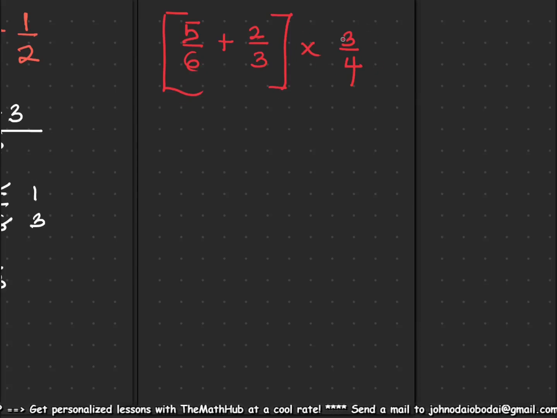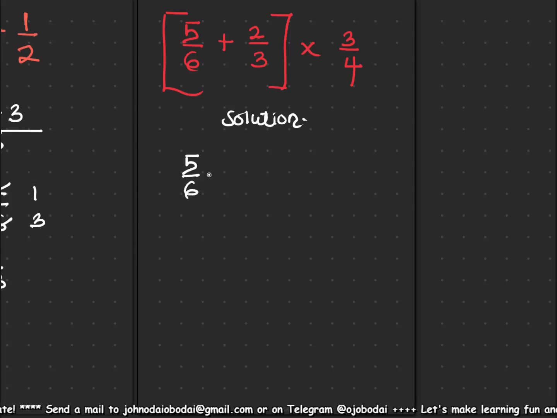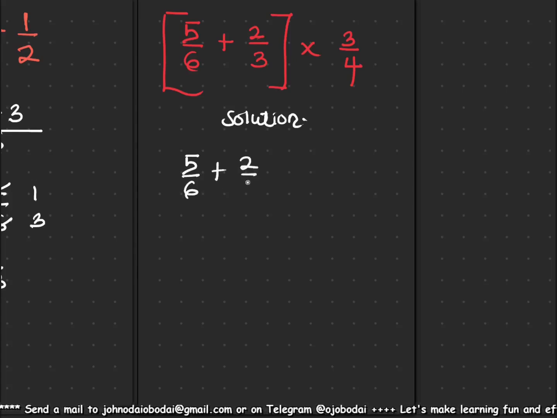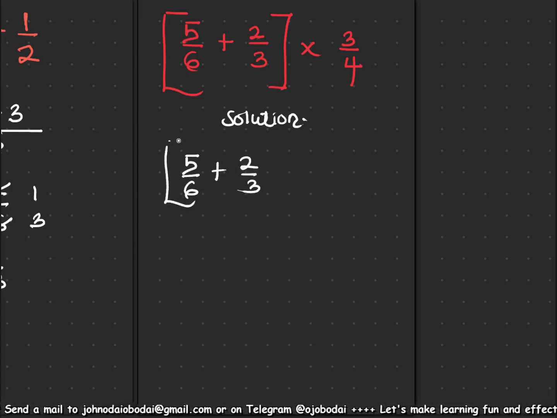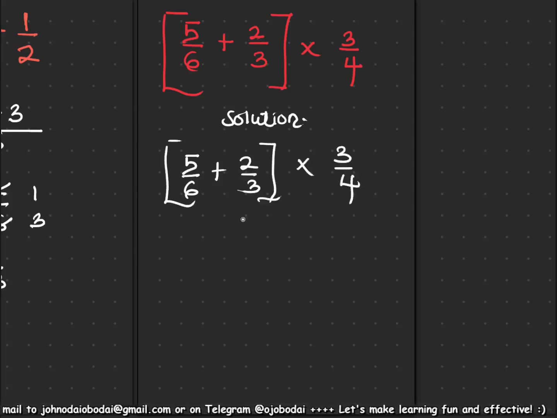So this here is going to remain as it is. Even though there's multiplication, it will remain as it is, whilst we solve for what is in the bracket first. Our solution. So solving for the bracket first, we have 5 over 6. I'm just rewriting the question so we can begin solving. Then times 3 over 4.